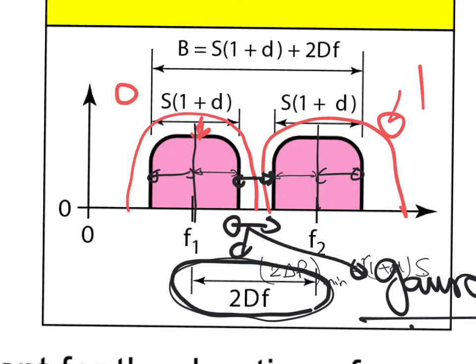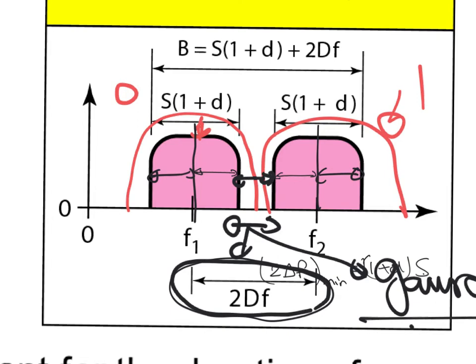So this means that we combine both. If we combine both, it becomes 2 times half times 1 plus D times S, which is 1 plus D times S. So in that case, the guard band in the middle will not be there.